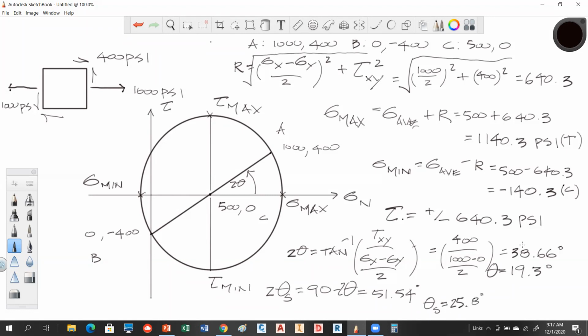Okay, so we had this guy. There's an answer. That's your principal plane that your maximum and minimum normal stresses act along. And this is your principal plane that your maximum shear stresses act along. Okay. I know it seems like it's a big deal, but it's actually pretty simple.